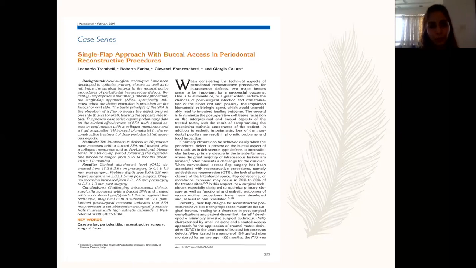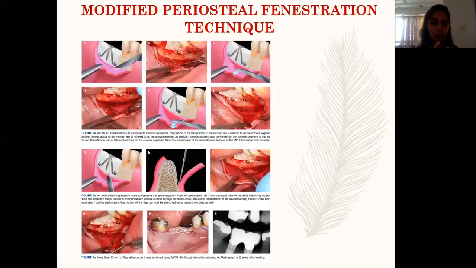With the conventional periosteal releasing incision, in order to coronally advance the flap, especially when we are doing grafting procedures like GTR or GBR, Jung et al. in the year 2014 modified the periosteal releasing and called it the modified periosteal fenestration technique.